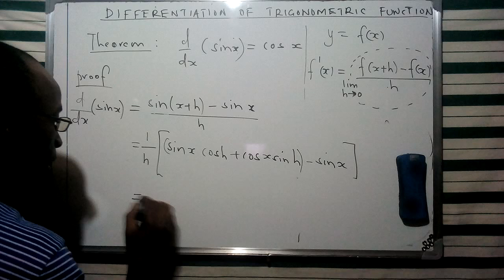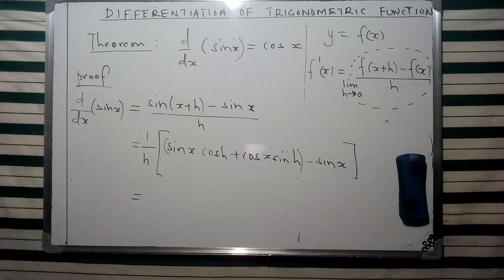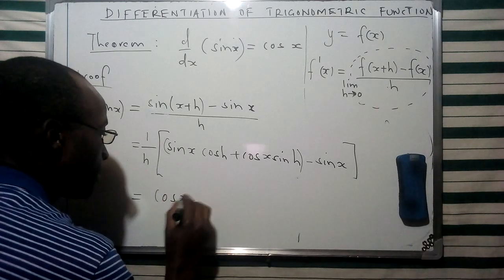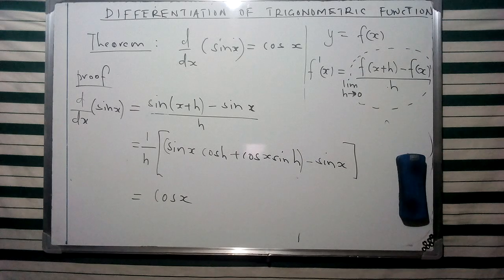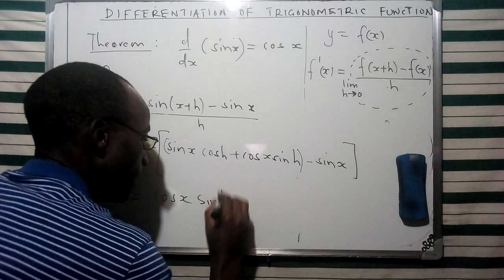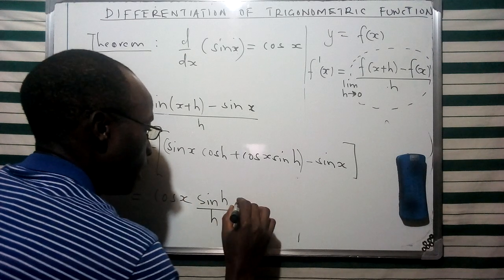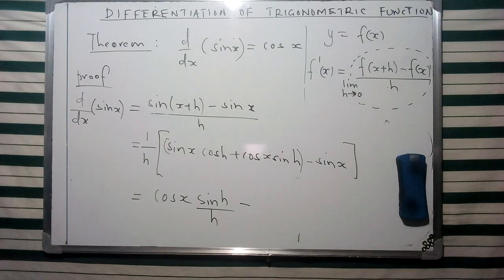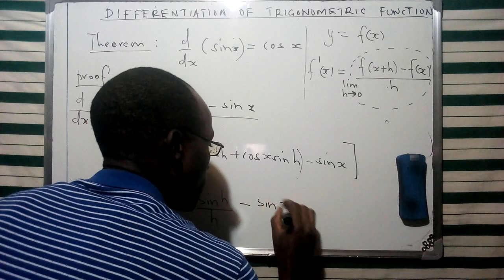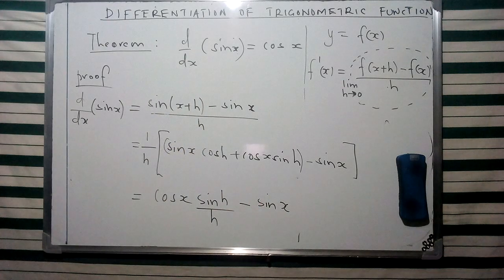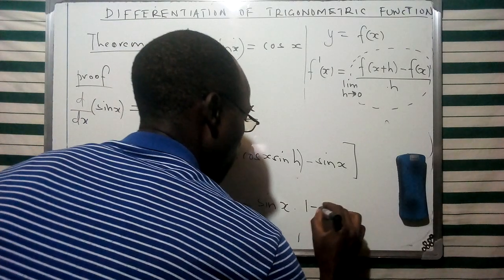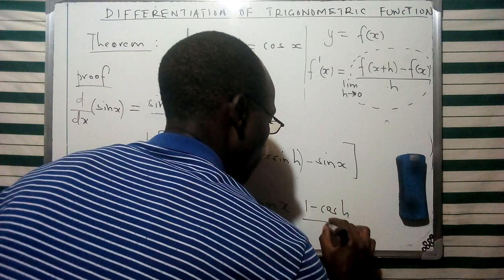So the whole of this is going to give us that specific sum, and this is going to be represented in terms of the cosine of x, and then we're going to have the sine h over h, and then that one minus the sine of x, and then this one minus the cosine of h over h.